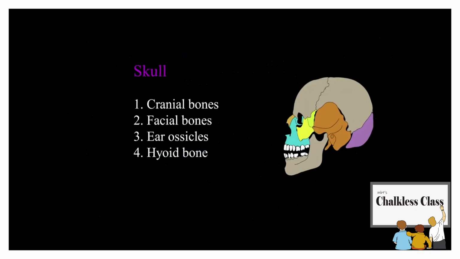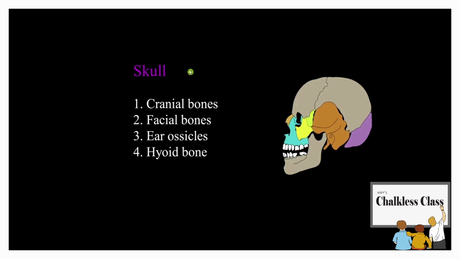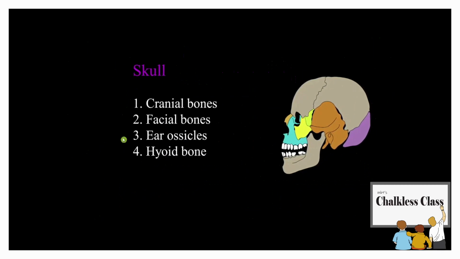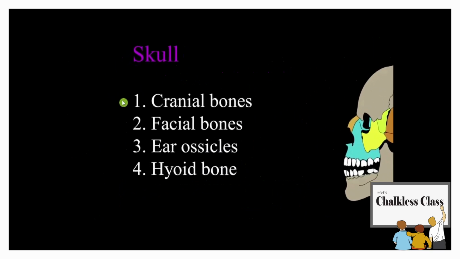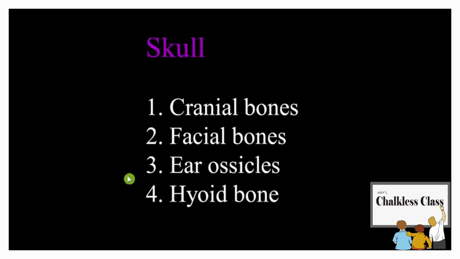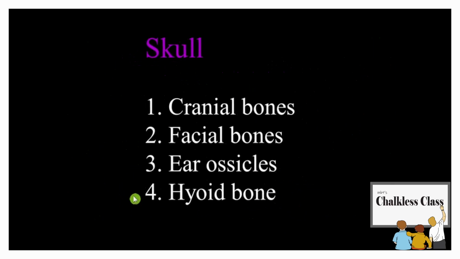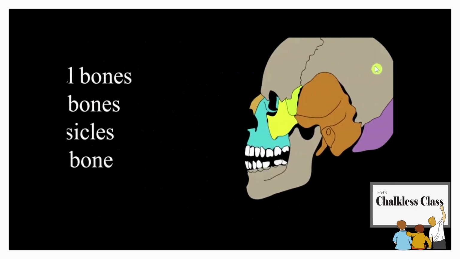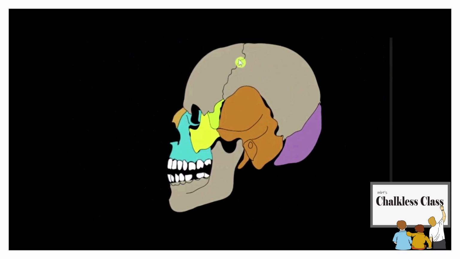Now let us study the human skull, which is a part of the axial skeleton. The bones of the skull are included under four groups. Those are cranial bones, facial bones, ear ossicles and hyoid bone. This is the cranium. These are the cranial bones.